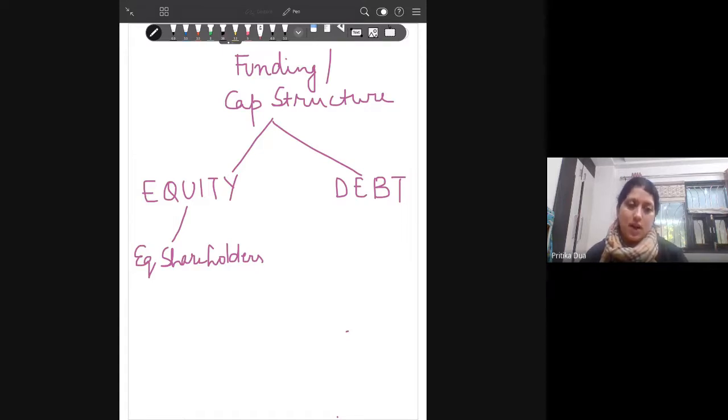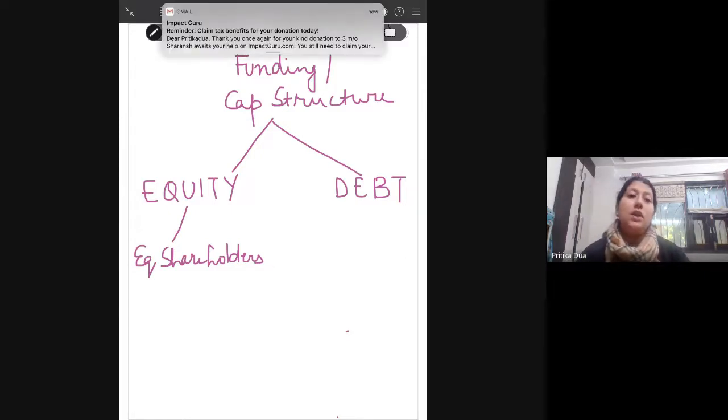they have a right in the ownership of the firm, in the sense that the decision making authority lies with the equity shareholders.